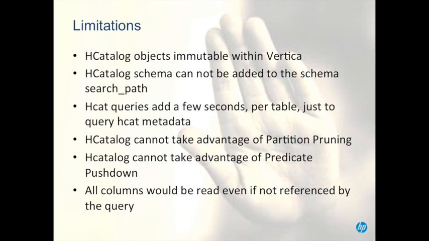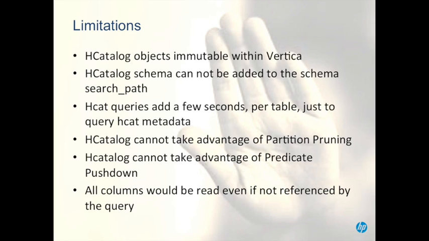And the HCatalog schema cannot be added to the schema search path. Again, this has to do with some of the stuff that goes on in the background of Vertica, which is how Vertica chooses what table or columns you're referring to. You can't add that schema into the search path. So if, for example, your Hive data had a customer column and your Vertica data had a customer column, your customer column from Vertica is what's going to be read.